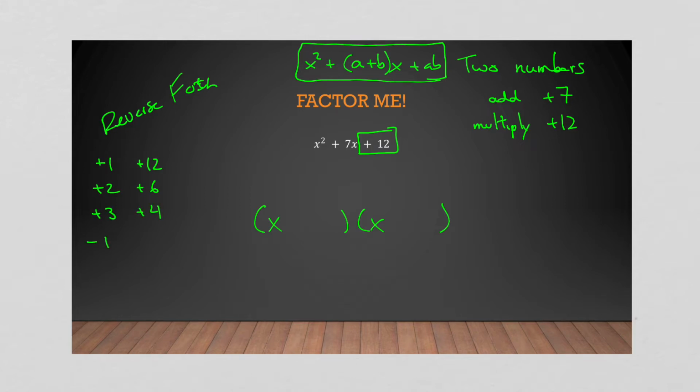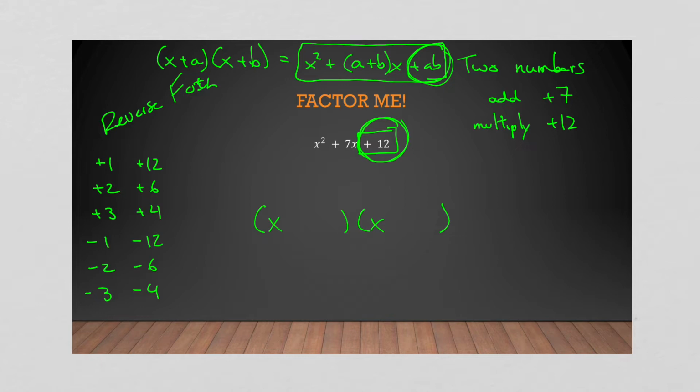But also negative 1 and negative 12, negative 2 and negative 6, and negative 3 and negative 4. Remember, because you're looking for two numbers that multiply to 12. That's going to give you this back number, right? And remember, x plus a times x plus b gives you that. So of all that list of factors, that's going to satisfy the plus 12.